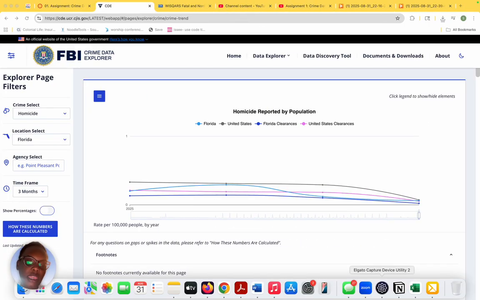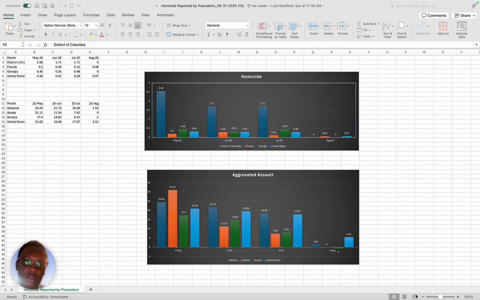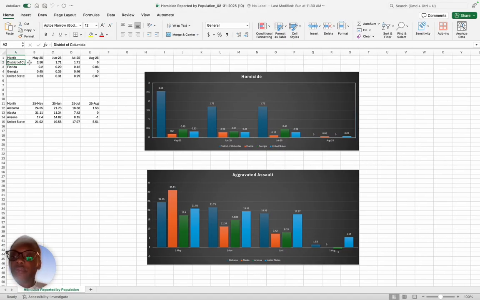All right, and then I compiled it in one graph right here. And then I made sure to include the rate for the United States because it's needed as a part of the assignment for comparison.